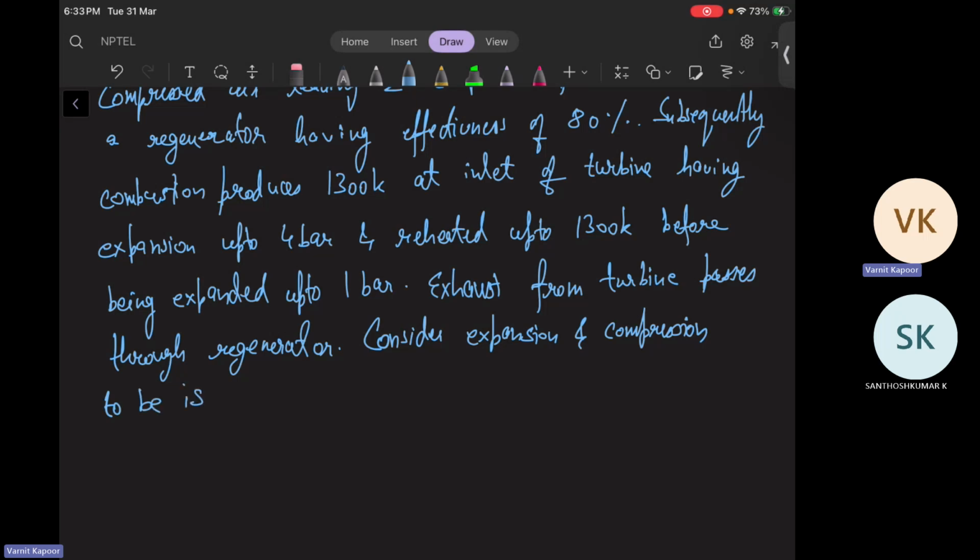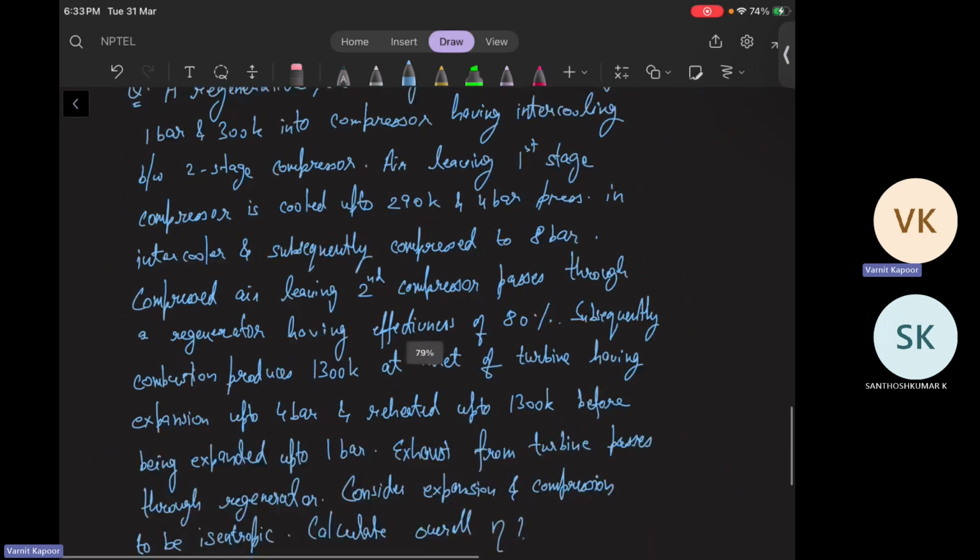Suppose if non-isentropic had been there, then extra calculation would also be there. Calculate overall efficiency. Okay, so do this question.